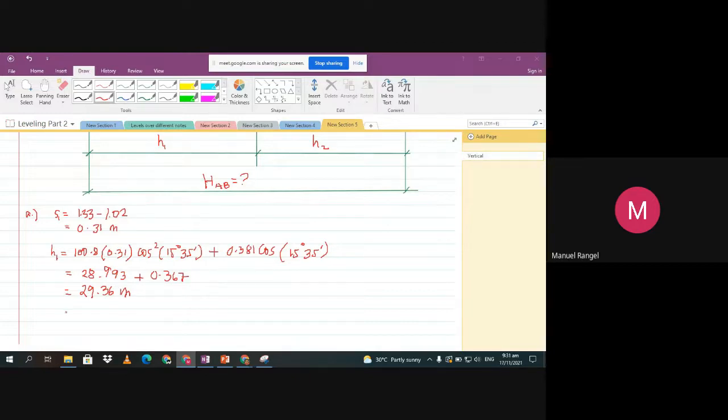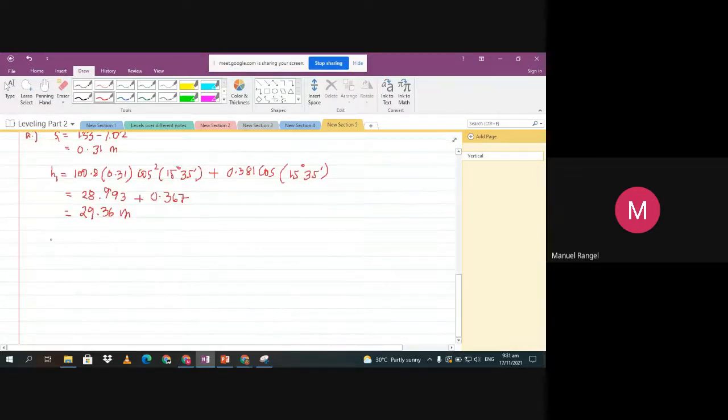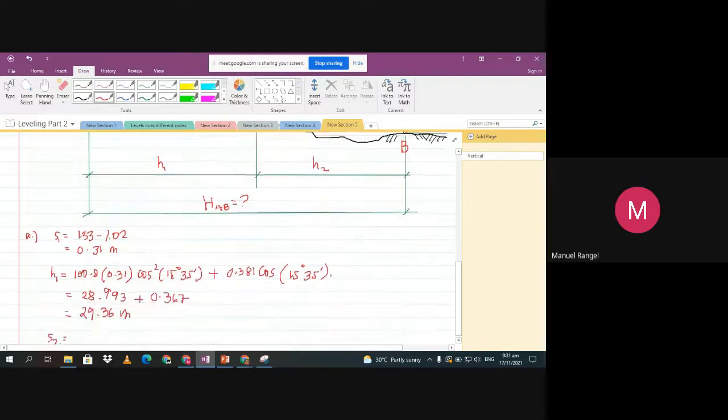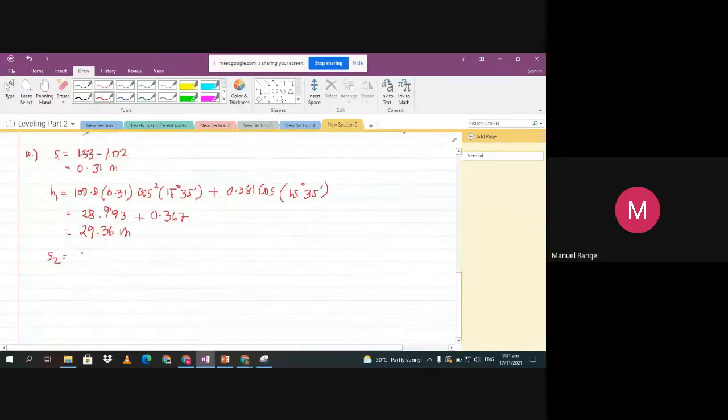Okay, for H2, S2, upper reading is 1.972 minus 1.736, equals to 0.236 meters.